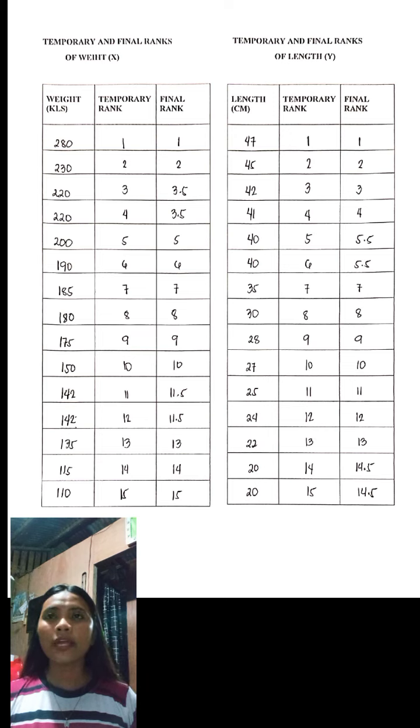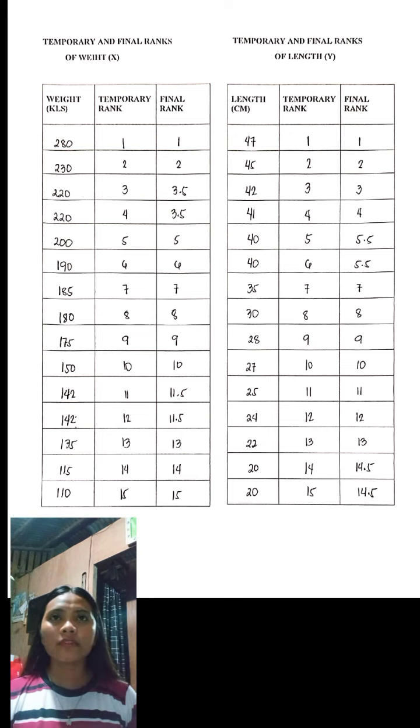So temporary rank and final rank has a difference since 220 kilos has the same kilos for both watermelons, so we need to put as our final rank the 3.5 for both watermelons, and so on and so forth.